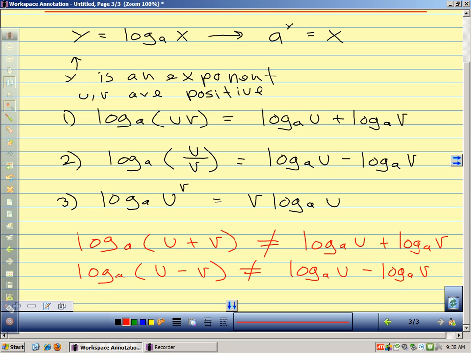So let's look at a couple of examples, and then we'll talk about where the change of base formula comes from, how we're going to use these properties of logarithms. We'll be practicing with them today, and then for our next lesson, we're going to actually use these to solve some equations. Any questions before we go on?